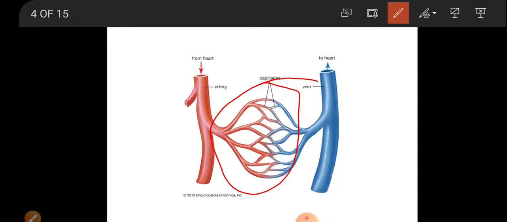The nutrients are absorbed from the capillaries into the cells, and the capillaries collect the waste from the cells. Such thinnest blood vessels are present only at the tissue level, meant for supplying nutrients and collecting waste from the tissues. Okay, children. So in our class today, we learned about the different types of blood vessels and their functioning.